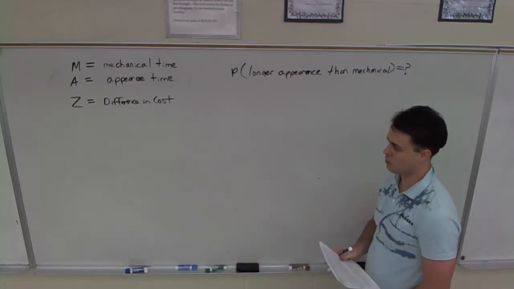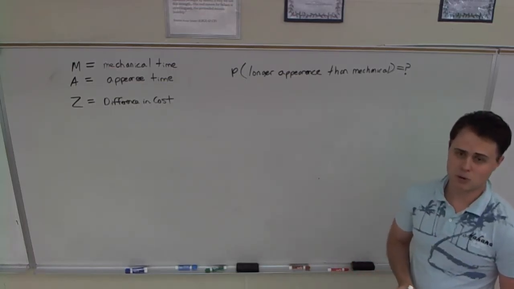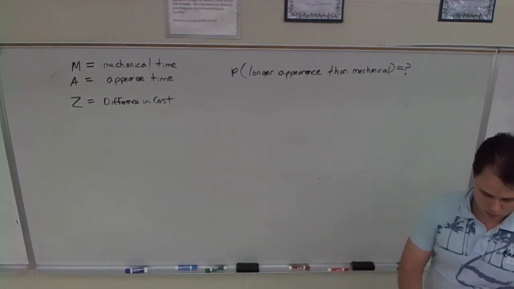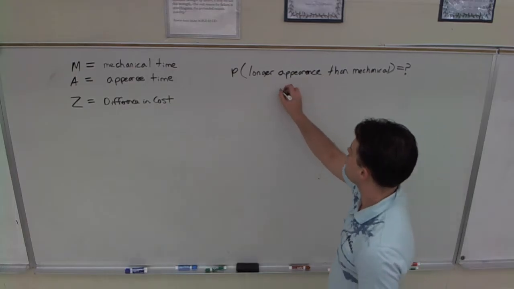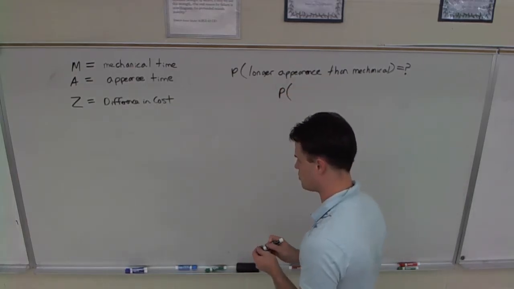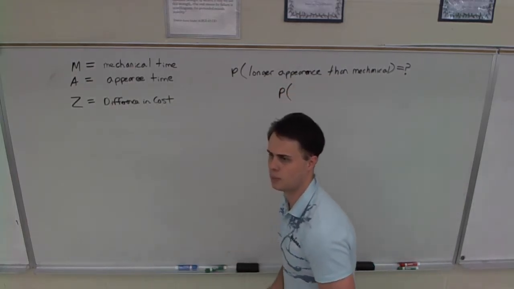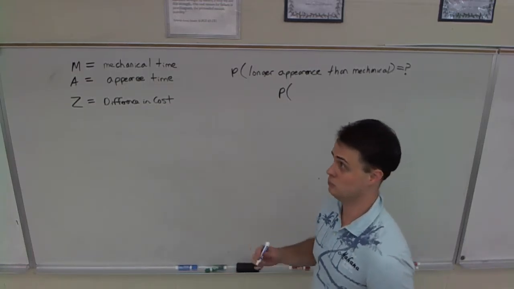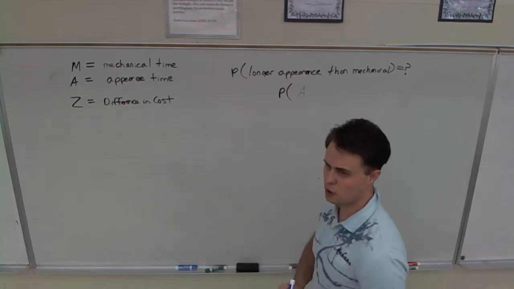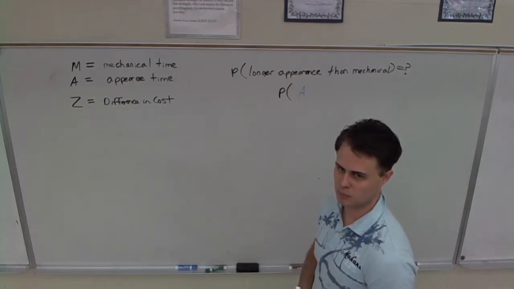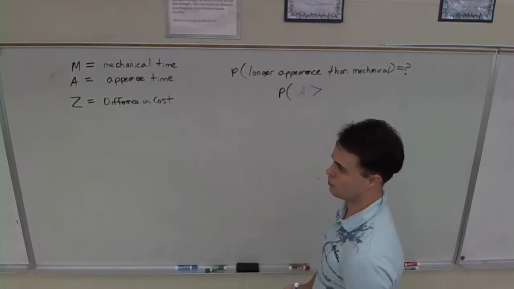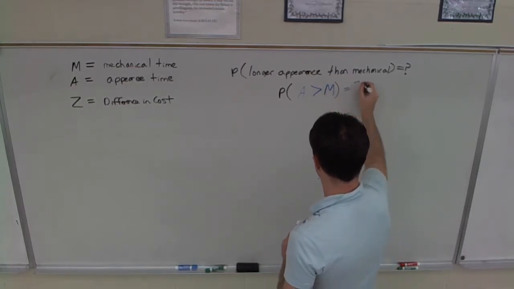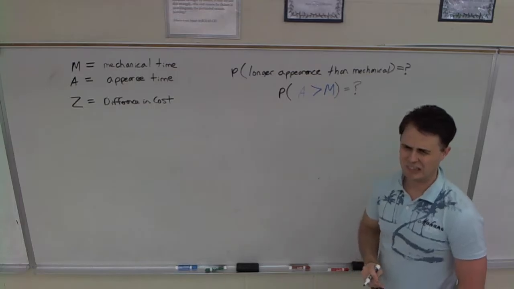So, what's the probability appearance lasts longer than mechanical? How can I say that with some symbols that we've been using? What do we call the random variable appearance time? We called it A. This is the probability that A is greater than M.